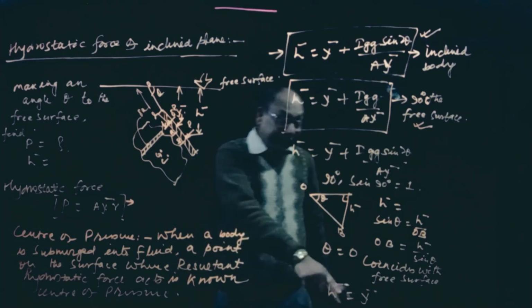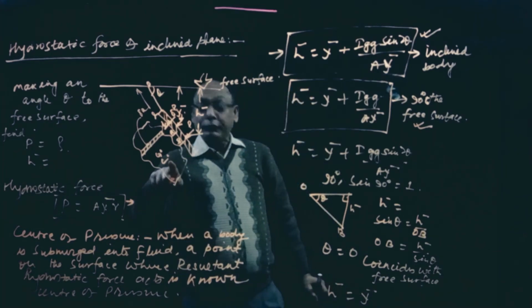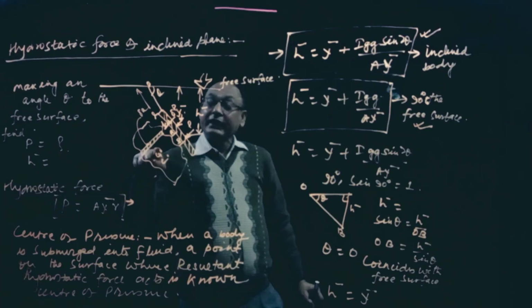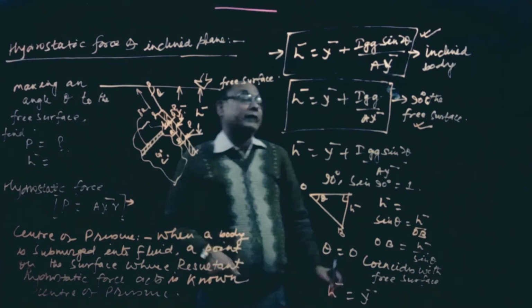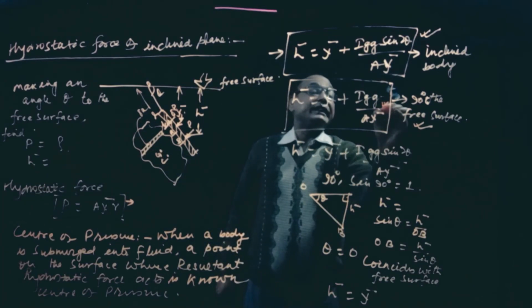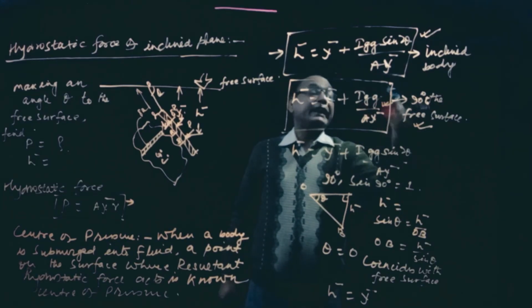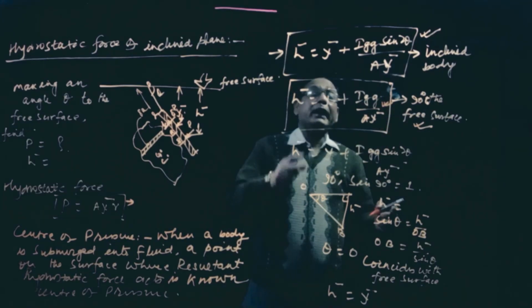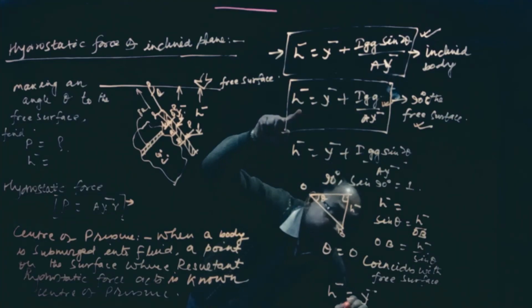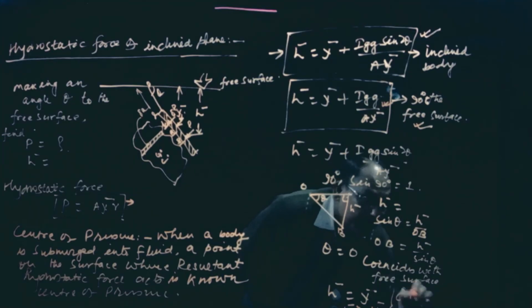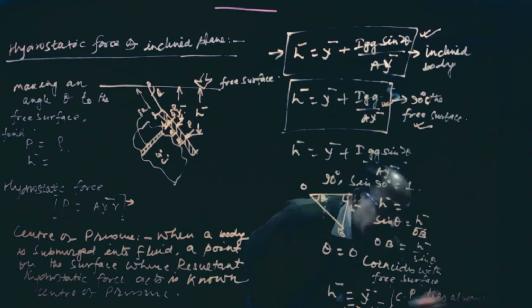So the center of pressure will lie at the center of gravity or below it, because for 90 degrees or any angle from 0 to 90 degrees, h dash is greater than y dash. That is why the center of pressure always lies at the center of gravity or below it.